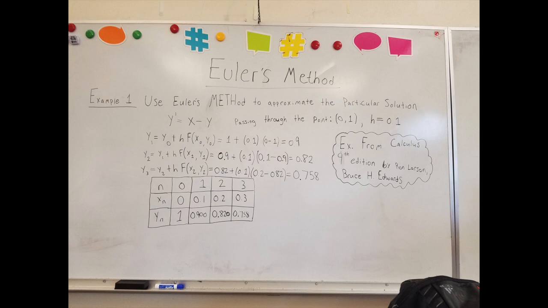Then you multiply that all together, and for the first part you get 0.9. You repeat that for all your y values. To get your x values, you just do x sub 0 plus h, so your initial x sub 0 value of 0 plus 0.1, and that's how you get each of your continuing x values. Then you put them all into your chart.